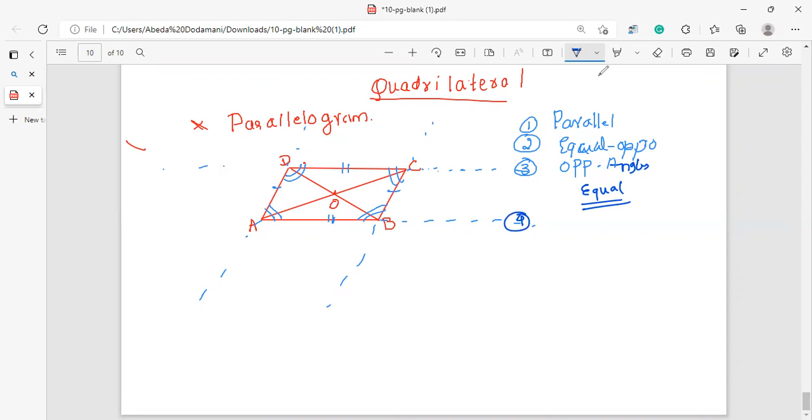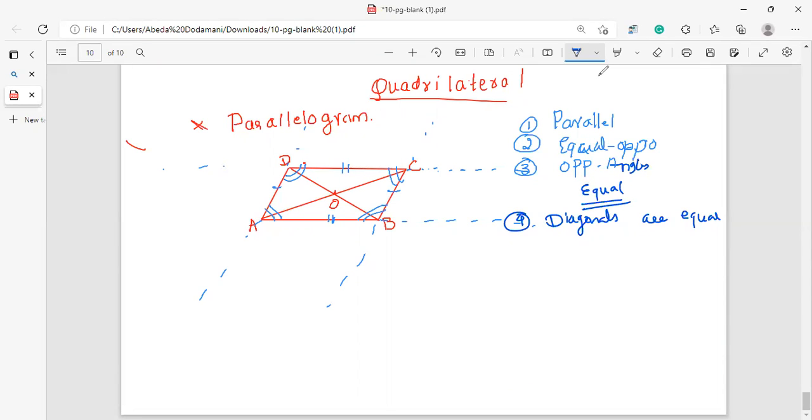What is the fourth property then? The diagonals, which you can observe, are AC and BD. These diagonals are very important in the parallelogram.